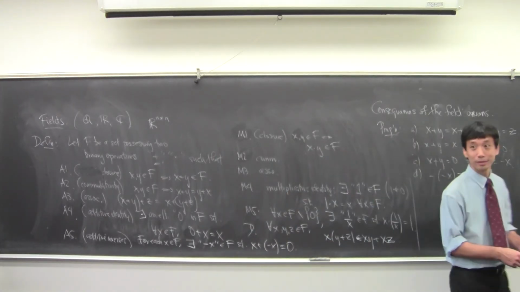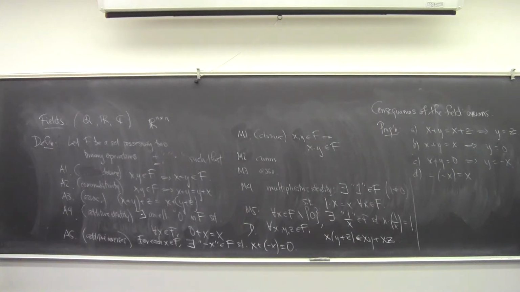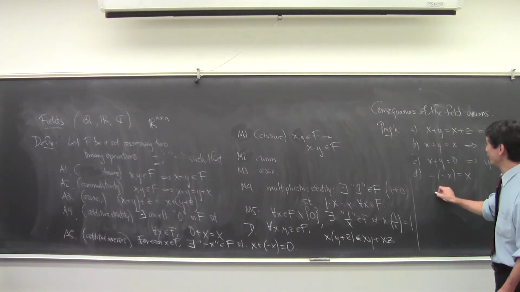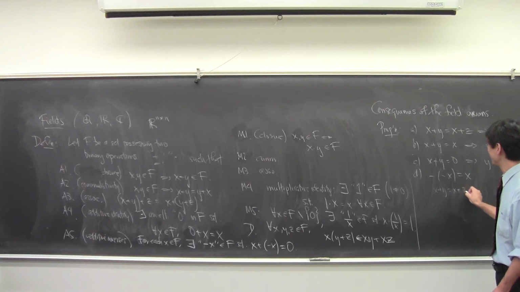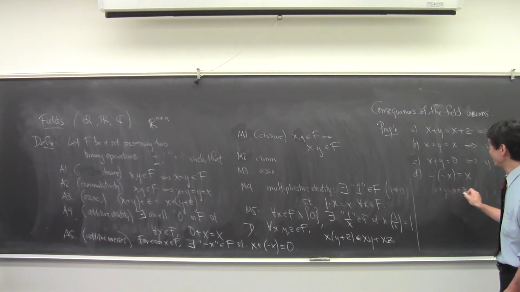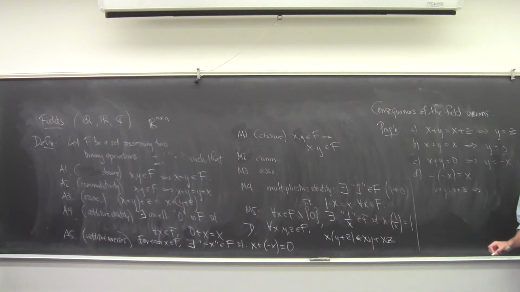Okay, so how do you do the first one? Suppose you know that x plus y equals x plus z. Then you add negative x to both sides, right? So you get negative x plus x plus y equals negative x plus x plus z.